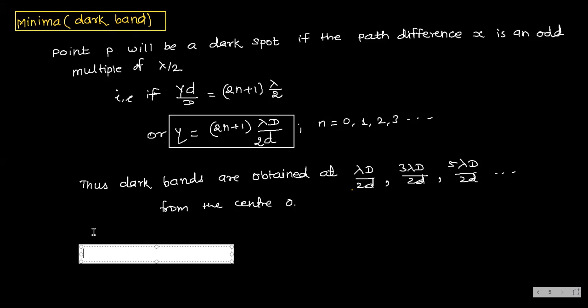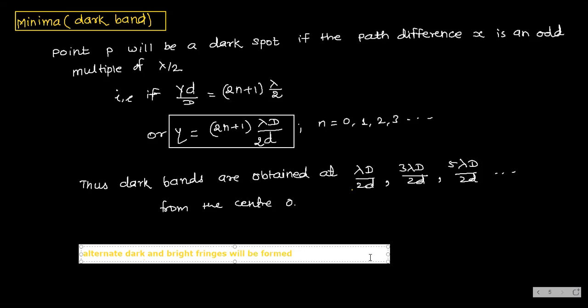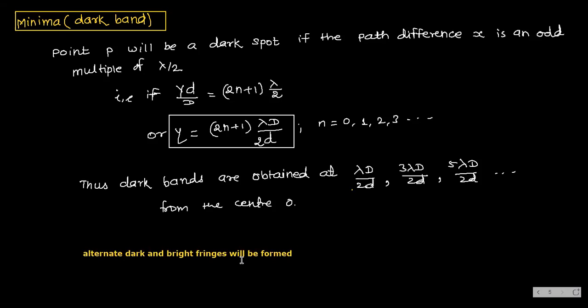Now see, from the positions of the dark and bright bands, or just simply we can note down like this: alternate dark and bright fringes will be formed. This is your note point.